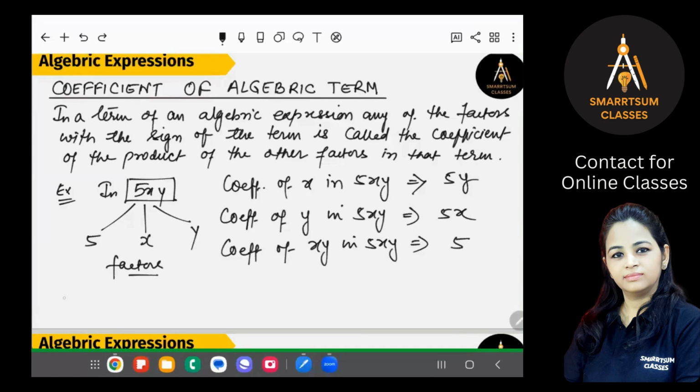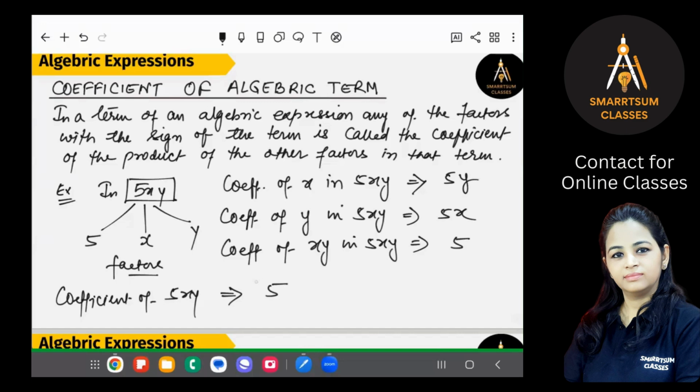That means the coefficient of 5xy is 5. When we say coefficient of the whole term, without specifying a factor, we tell the numerical coefficient.